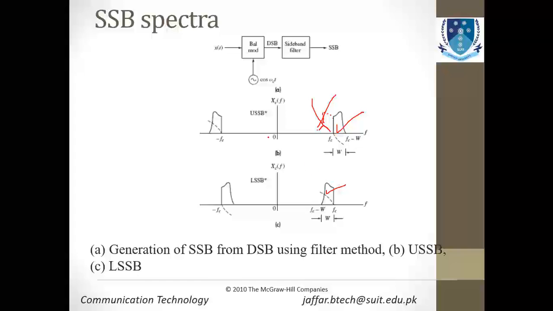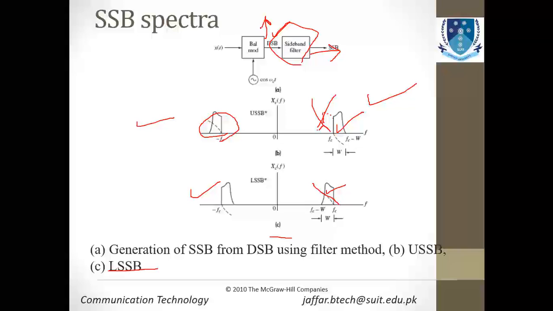In the first scenario you have cancelled this sideband, so it was the upper sideband, and in the diagram in C you have cancelled the right sideband, so it is basically LSB, or lower sideband. And the first diagram was basically generation of SSB from the DSB. You get the DSB signal and then you apply a single sideband filter and you get a single sideband. It is nothing but just a filter in front of a DSB.